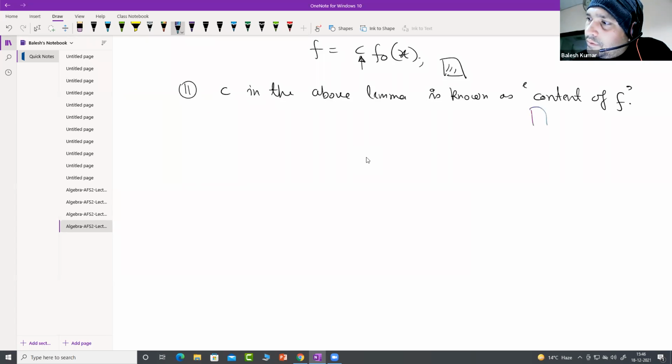Again we will write that as a proposition, and then proceed further.